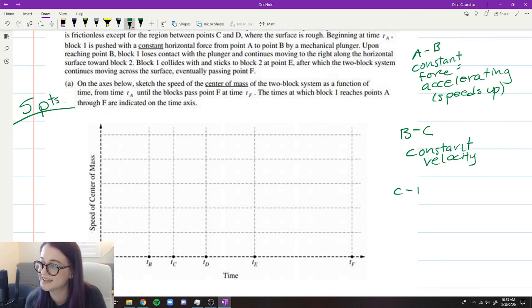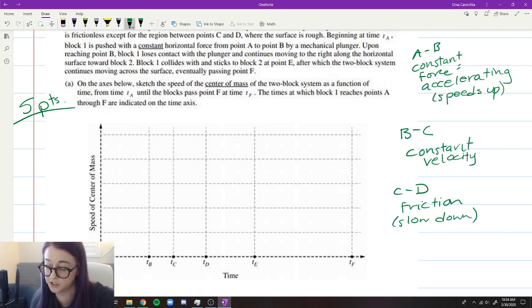From C to D, there's friction. So that's going to be a force. See, it's moving this way, there's going to be a force in the opposite direction of its motion. So that means we're going to have a negative force, or a negative acceleration, or our object will slow down. Because the only force acting on it will be friction.